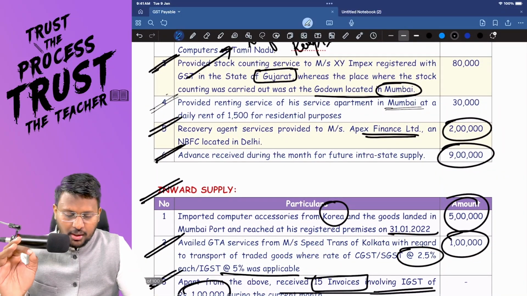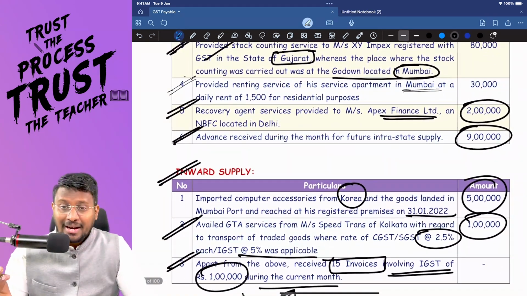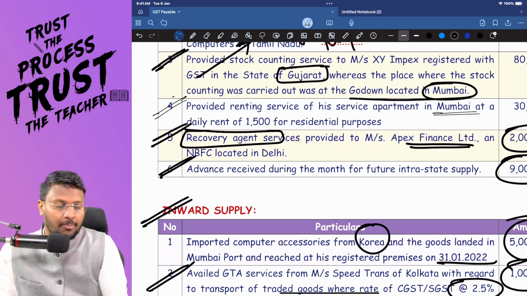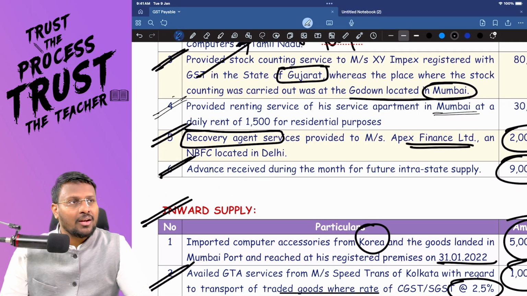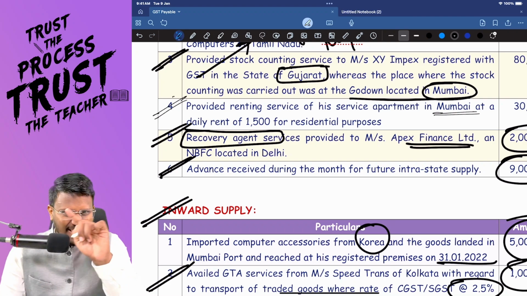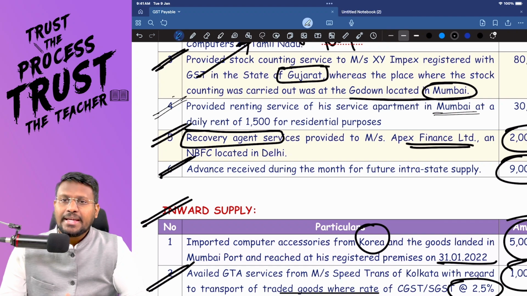Then residential or commercial renting of residential dwelling they are talking about. Recovery agent services. Because of this only we are having the big problem, because recovery agent is liable to pay tax on RCM. Then apportionment concept will be applicable, because inside the E, sir, E includes the turnover of the RCM.